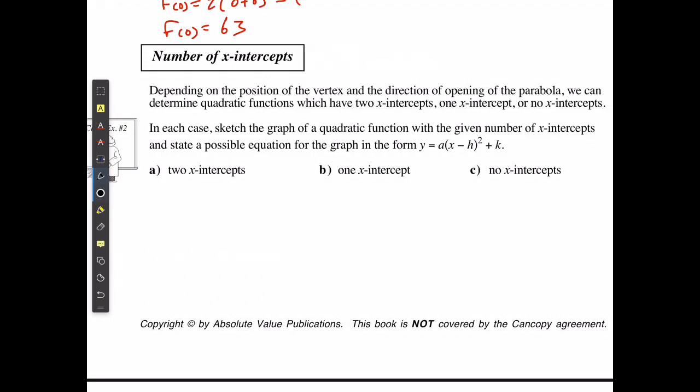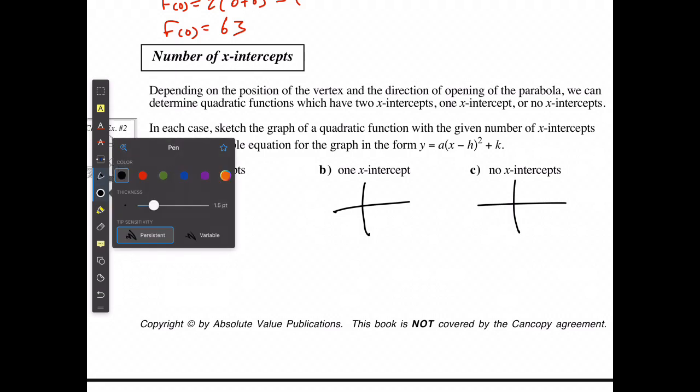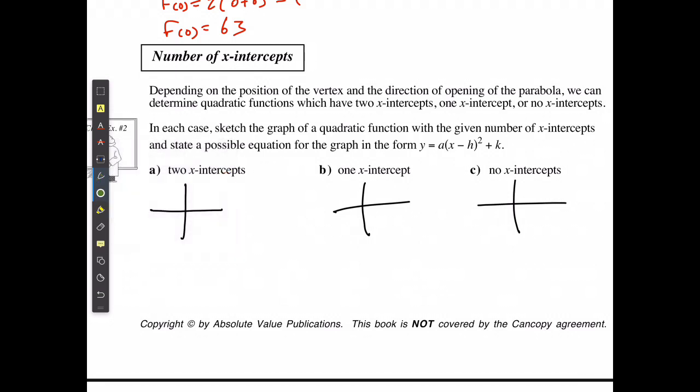So if I'm going to draw an example of all these, I'm going to have 2 intercepts if either I have a minimum that is less than 0, which means that I have a positive a and a negative k value, or I have a maximum that is greater than 0, which is going to be a negative a and a positive k value.